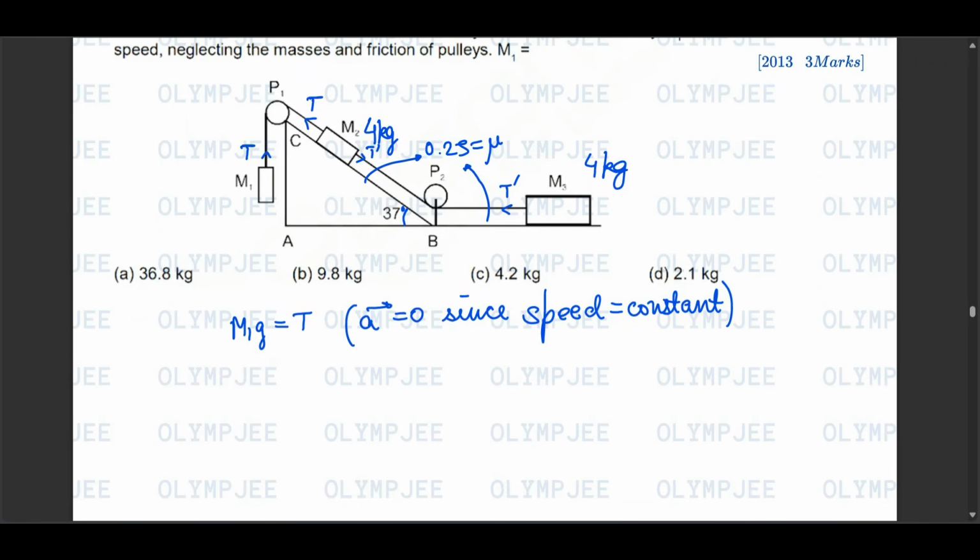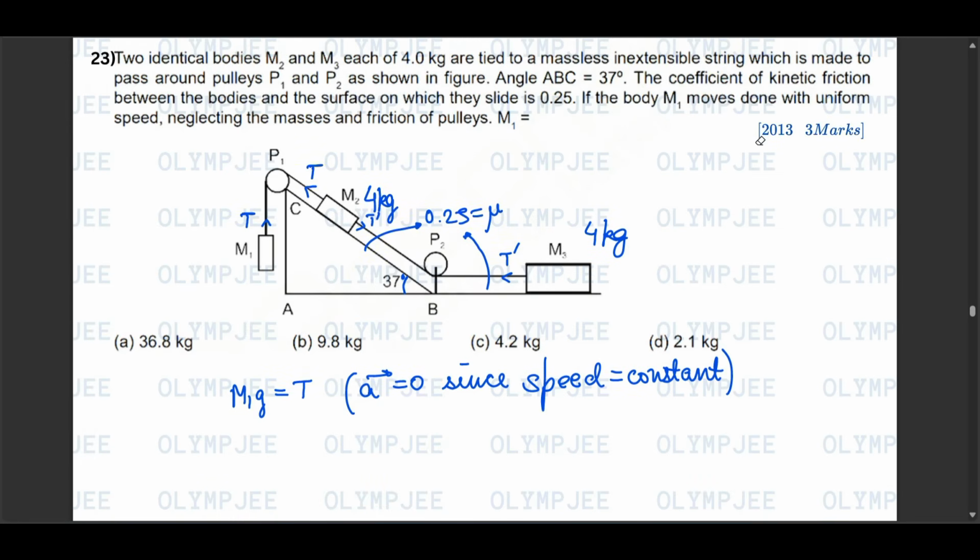Since mass M1 is moving downwards with uniform velocity, so this M2 will be also moving in this direction with uniform velocity, right? By a string constraint, we can find that the amount which this string will extend, this string also has to extend by the same amount.